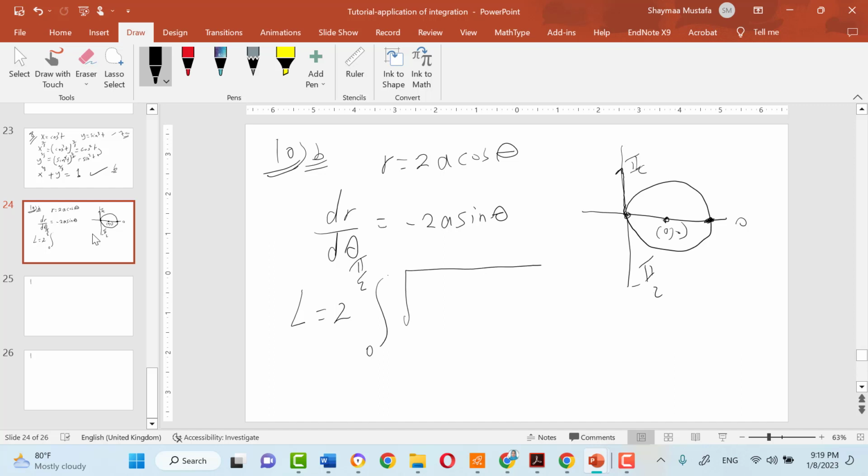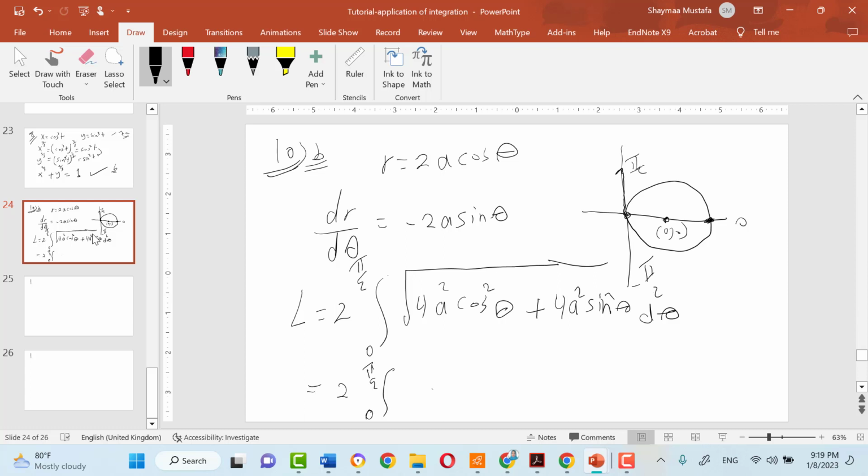Now here's applying the rule. r square is 4a square cosine square theta plus dr over d theta square is 4a square sine square theta, d theta. So this one becomes 2 from 0 until pi over 2.